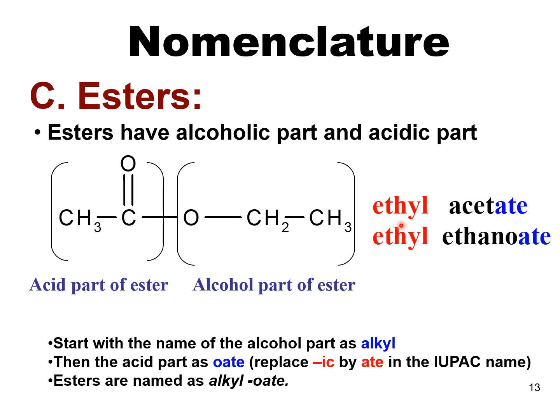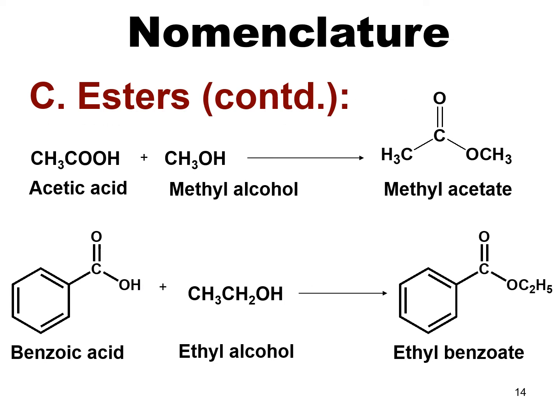In case of esters, you will put first the alcohol part, you will leave an empty space, and then you will put the acid name, removing only the IC as we mentioned and adding an ate in its place. So this is ethyl acetate or ethyl ethanoate. Again, this is benzoic acid and ethyl alcohol, so this is ethyl benzoate.